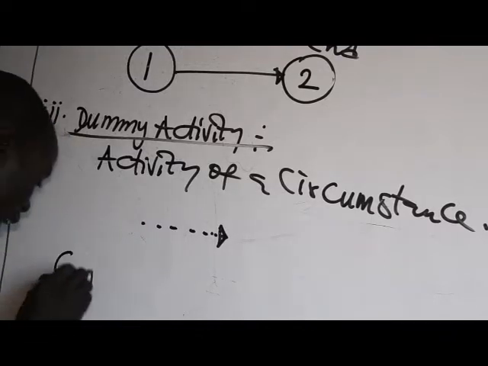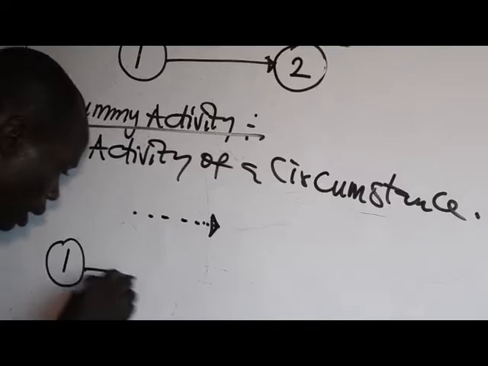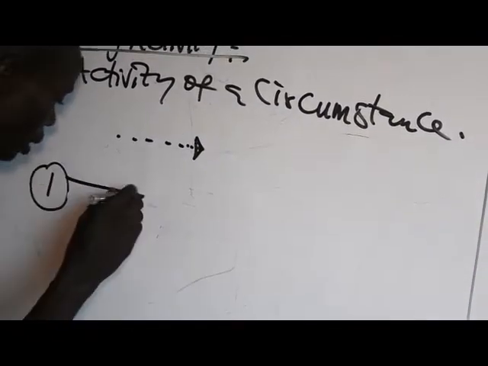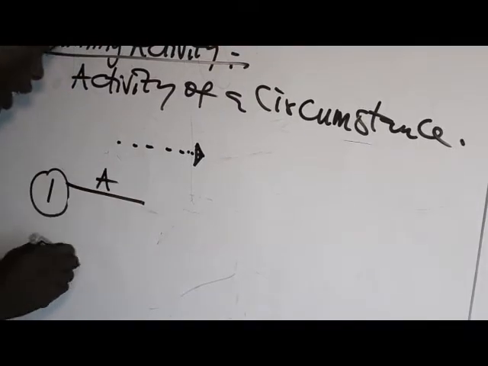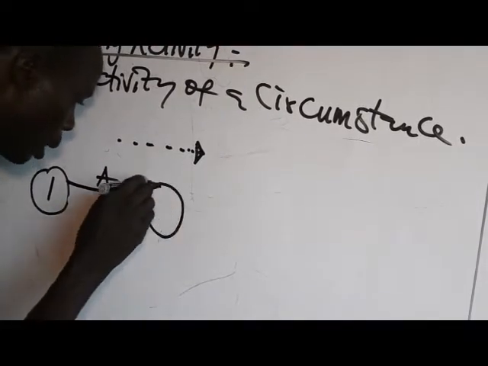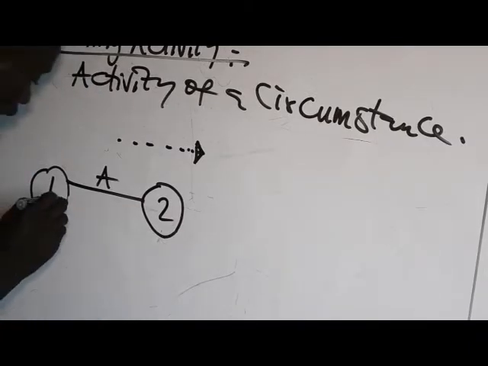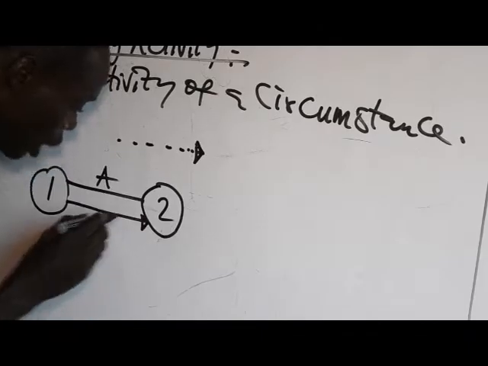Let's assume this is the start of an activity, number 1, and this is activity A, and this is where it stops, number 2. If you now have activity B, it is wrong to draw it this way.